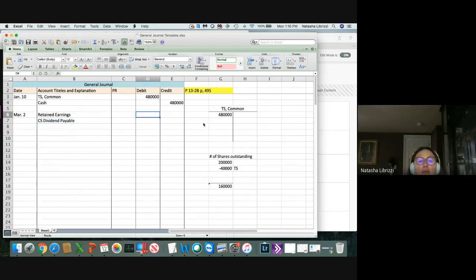I'm going to do this for 160,000 shares because I cannot pay myself dividends. It's not 200,000 anymore, it's 160,000. So I take 160,000 times $1.50, which is $240,000.